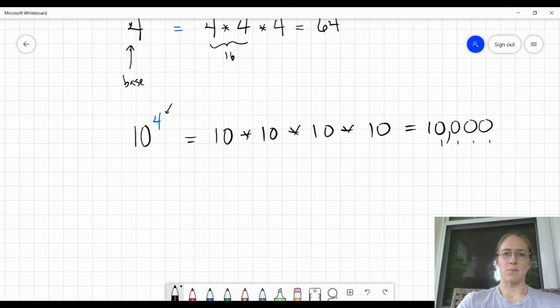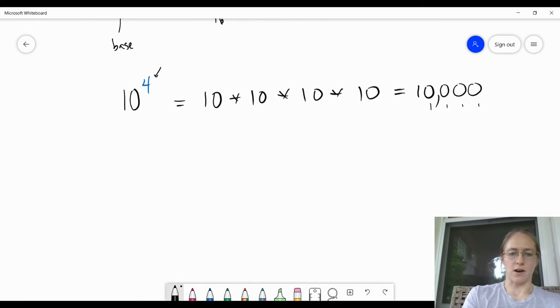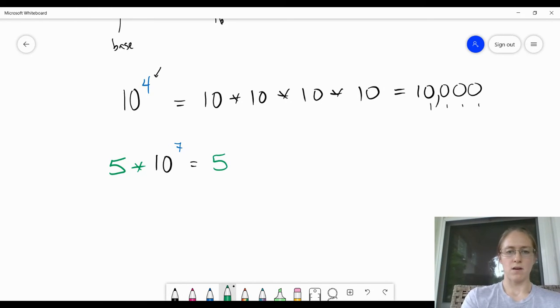So in the next step, we got a little bit fancier and we started multiplying other numbers by powers of 10. So something like 5 multiplied by 10 to the 7th power, let's say. So that means then that we are multiplying 5 by whatever 10 to the 7th power is.